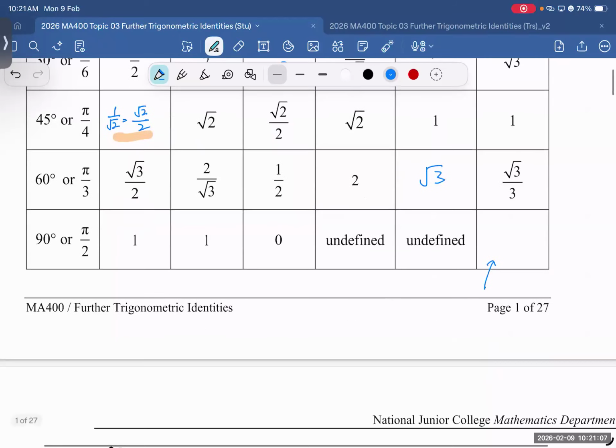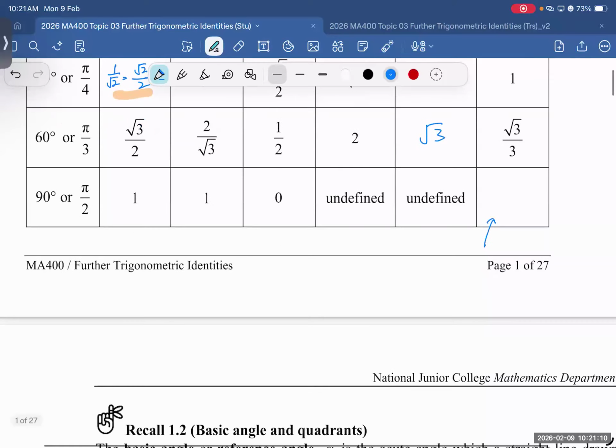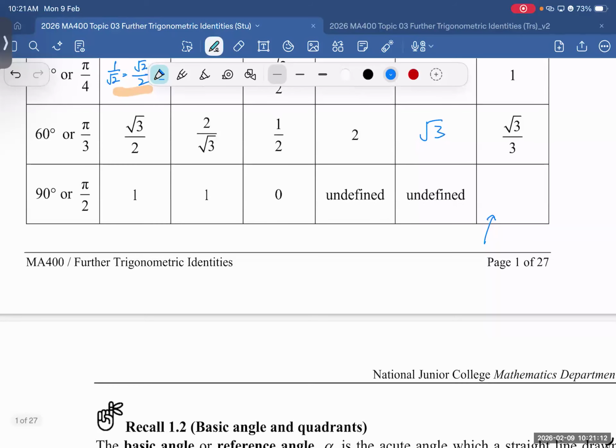If you see undefined, how I remember is I see undefined as 1 divided by 0, right? Now 1 divided by 1 divided by 0, what is it? So it's actually defined.